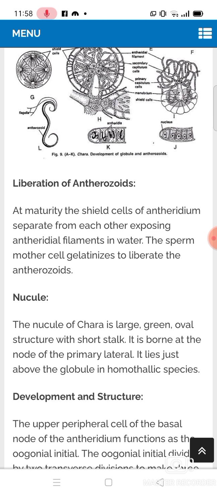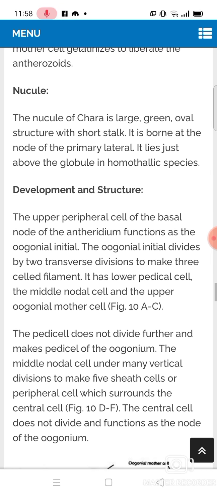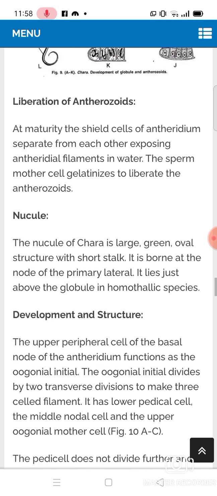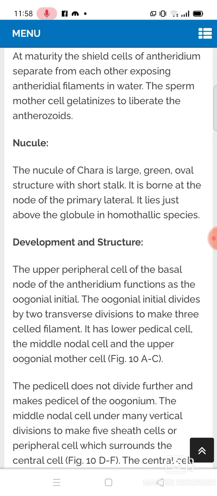The sperm mother cell gelatinizes to liberate the antherozoids. So this is the structure and development of the male reproductive structure, the antheridium.